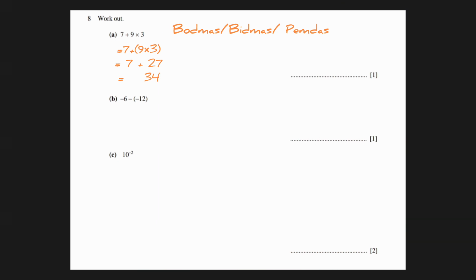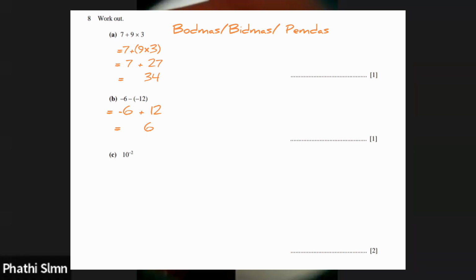What happens here? Isn't it going to become a positive? It's negative 6 plus 12. Very good. Someone is saying it's confusing. Isn't it negative 18?